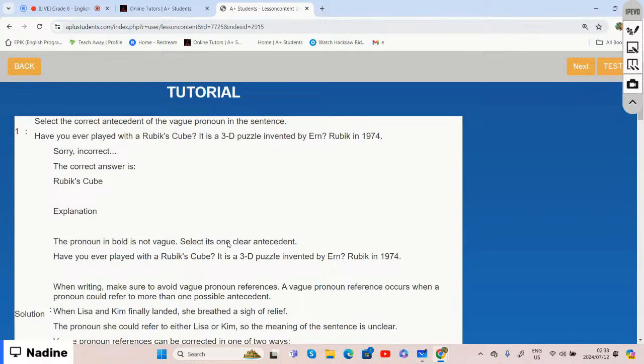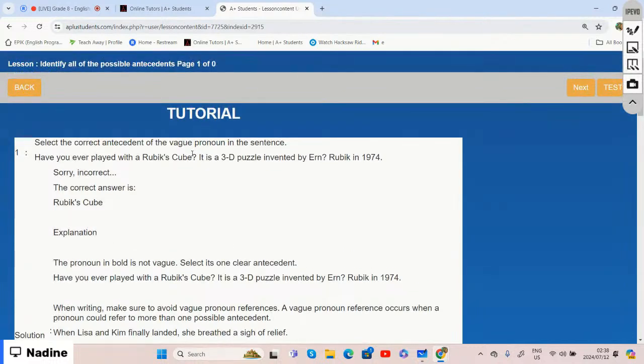All right. If we look at this activity, it says, have you ever played with Rubik's Cubes? It is a 3D puzzle invented by Ern Rubik in 1974. So here it says, select the correct antecedent of the vague pronoun sentence.